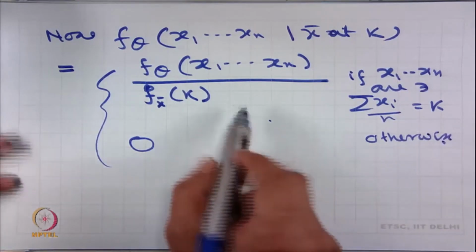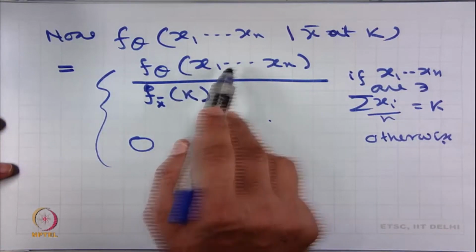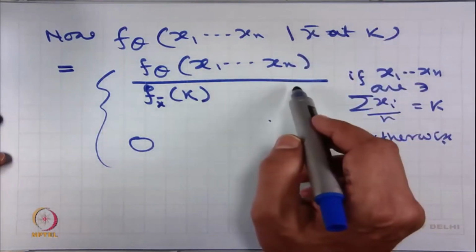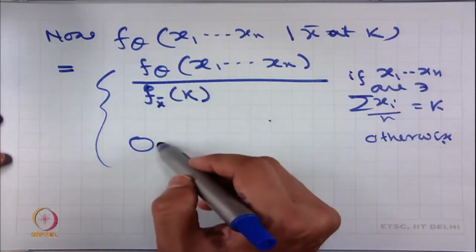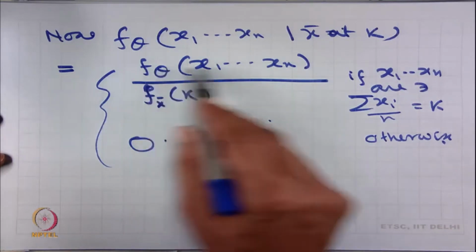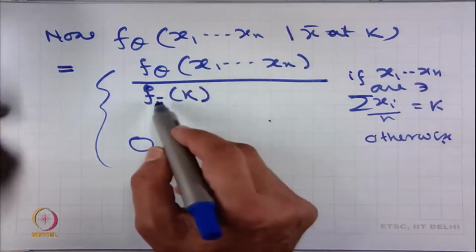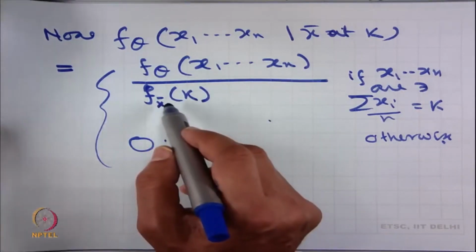That is, if x1, x2, ..., xn are such that x bar is not equal to k, then this becomes 0. Otherwise, it is the joint density of x1, x2, ..., xn, and of course, divided by the density of x bar at k.